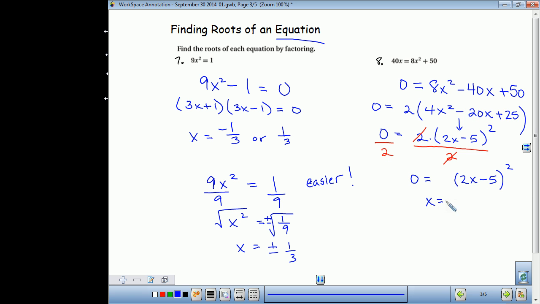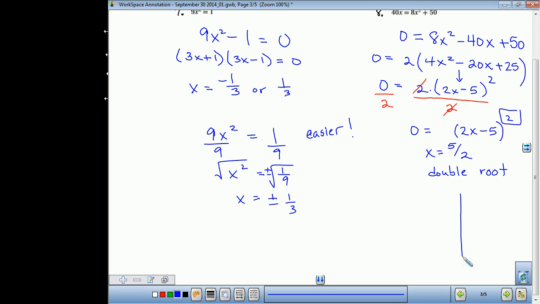And so I know that x is going to be the opposite of this, positive 5, divided by the 2. And you'll see later on, when we combine this with graphing, that this is considered a double root. Why do you think we call it a double root? Because it's 2. And if we graphed it, if this were a function and we graphed it, that 0 is actually the vertex.